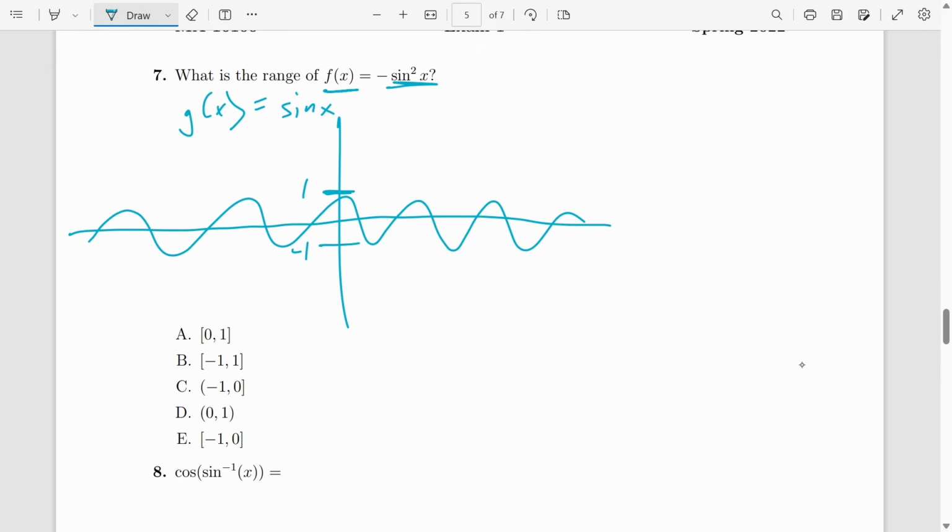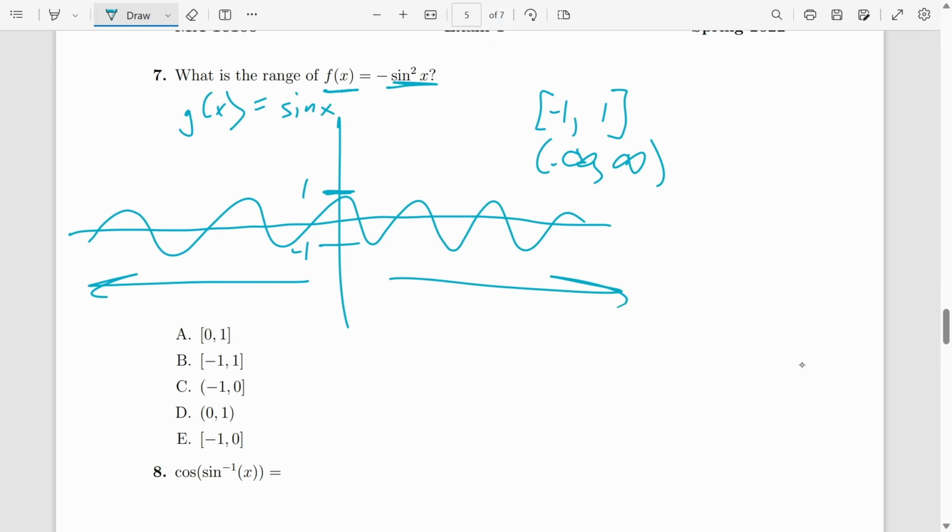So we'd say the range here is from -1 to +1. The domain is negative infinity to positive infinity because it goes all the way to infinity on both sides. But the range is more restricted because sine waves only stay bounded between -1 and 1 inclusive. So that's what range is.